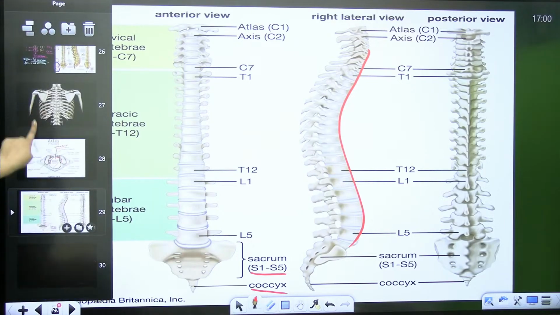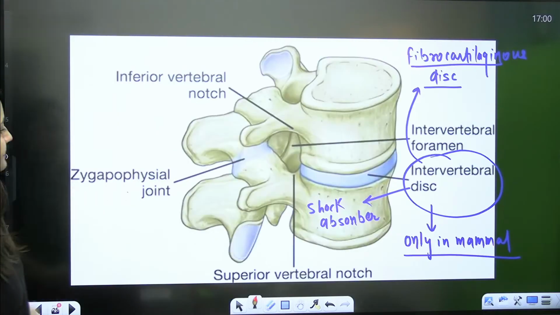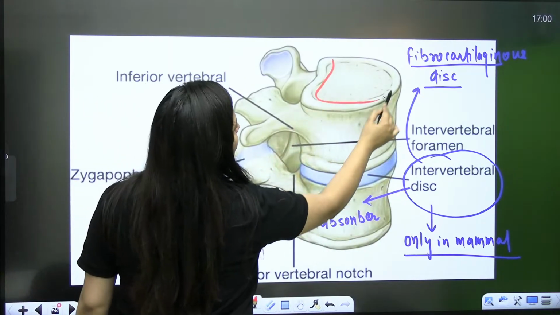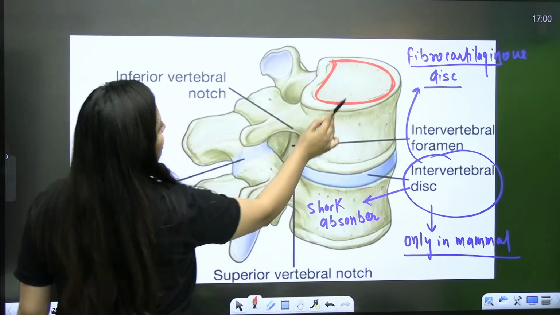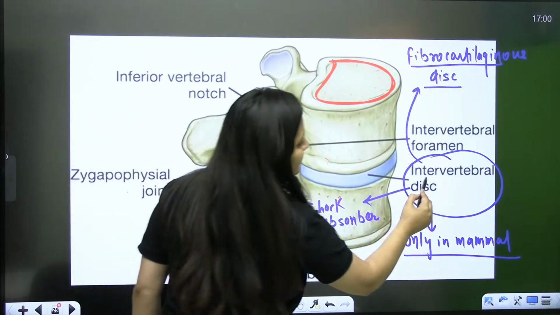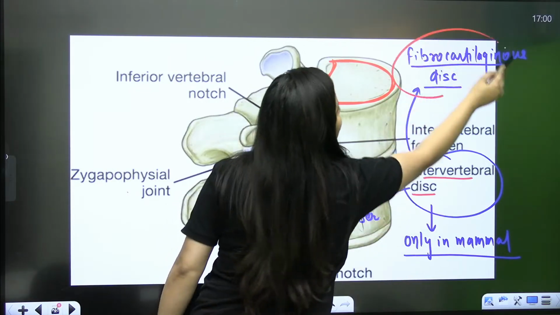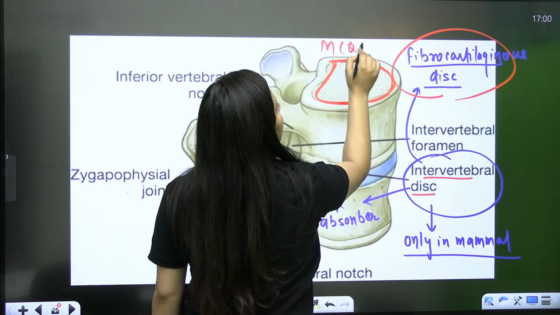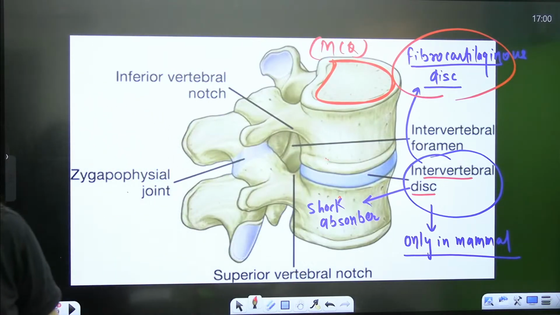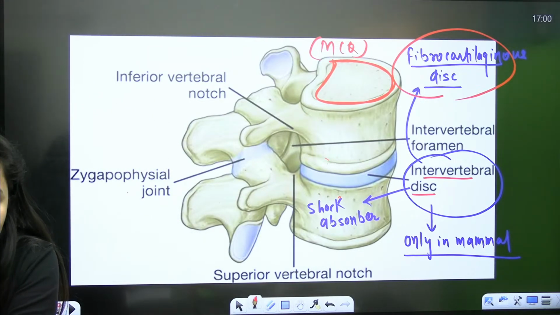Now, one more thing that we have is this. In these two vertebrae, this part is the neural canal or the vertebral foramen where your spinal cord is present. In between these two vertebrae, we have the intervertebral disc, which is cartilaginous. Another important MCQ: what do the vertebrae have in between?